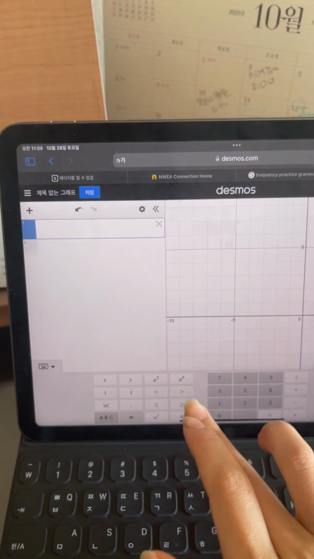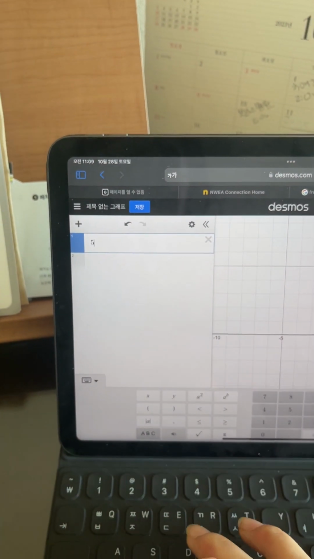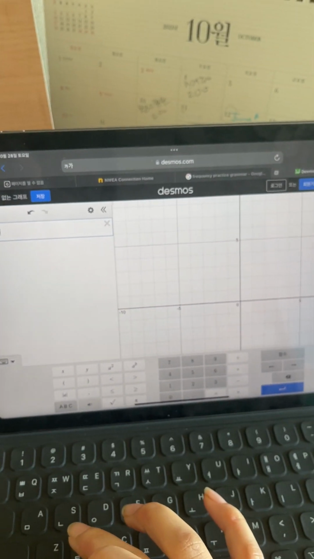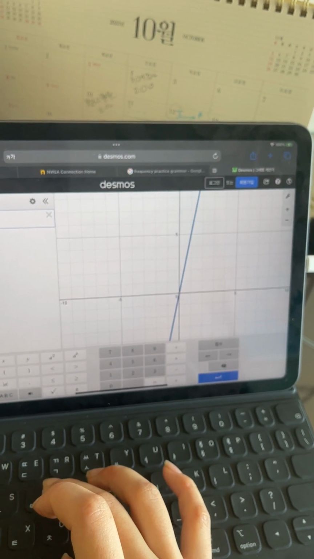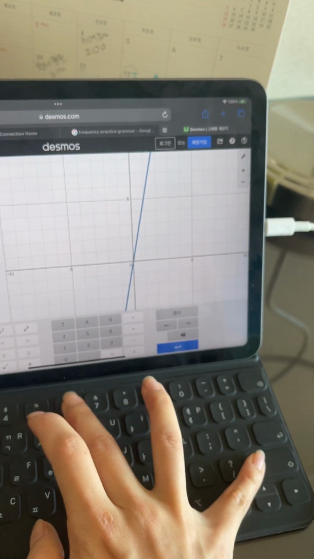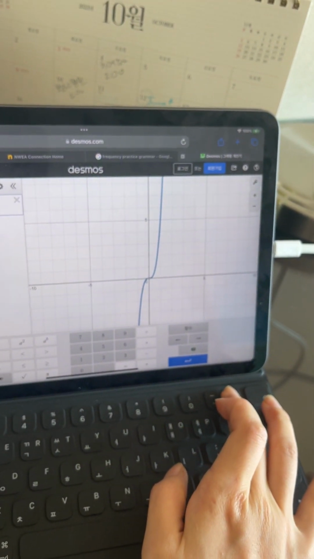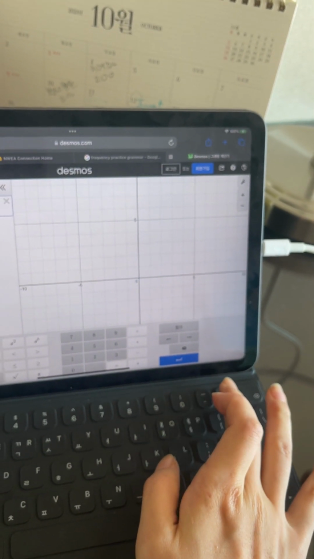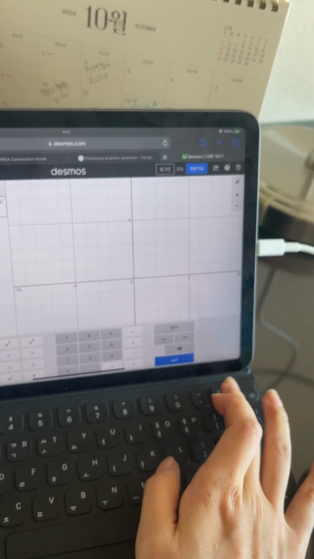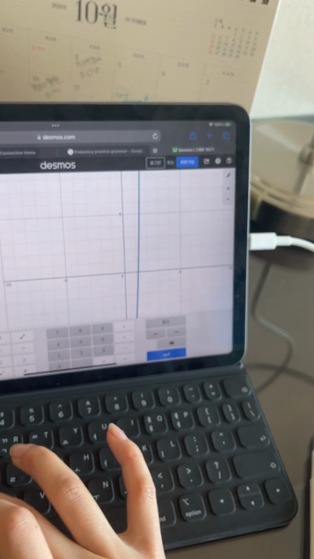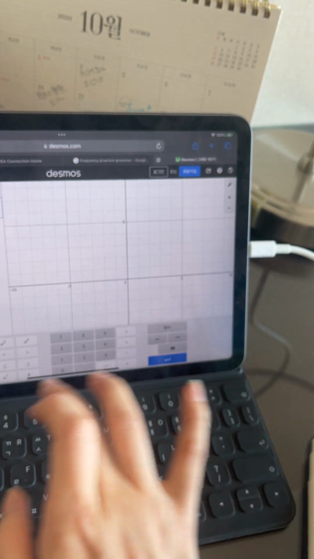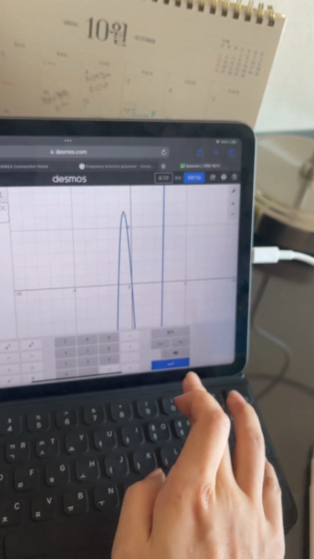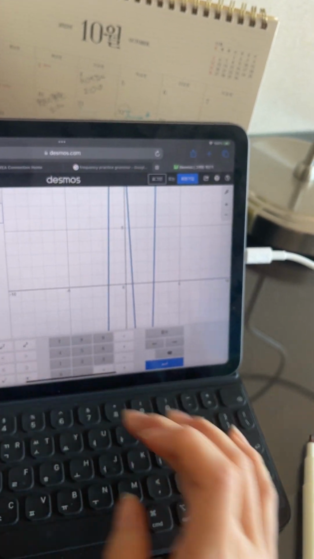So this time it would be 5x raised to the power of 3, minus 8x raised to the power of 2, minus 17x plus 12.